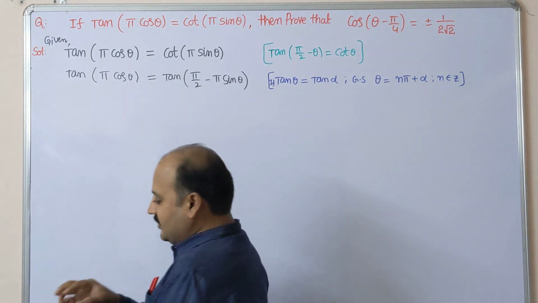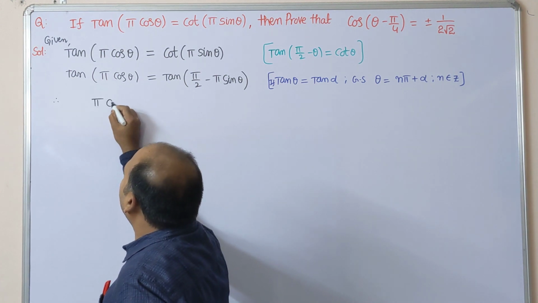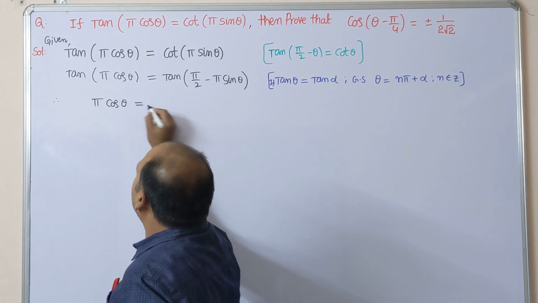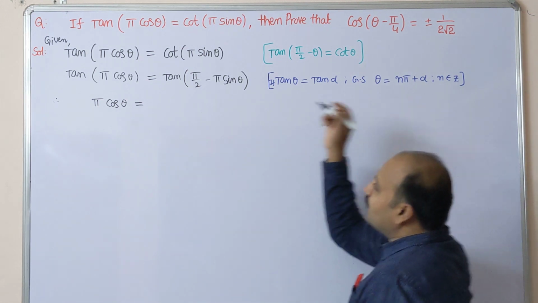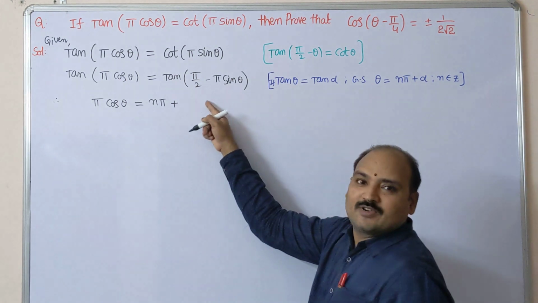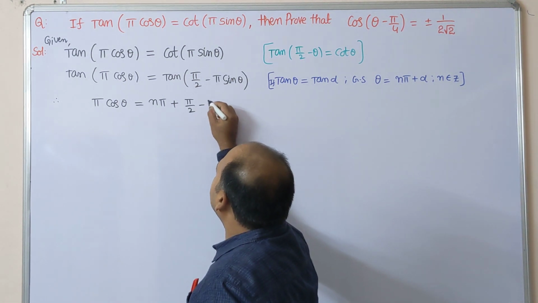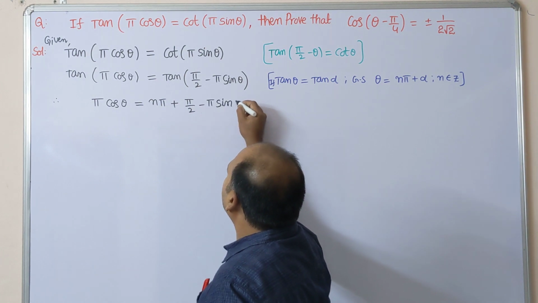Therefore, we can write it as pi cos theta is equal to n pi plus alpha. This is the alpha value, dear students: pi by 2 minus pi sin theta.